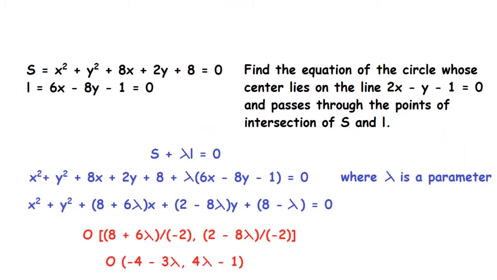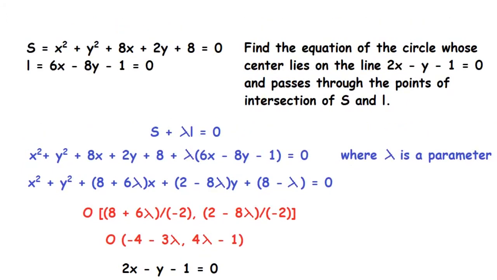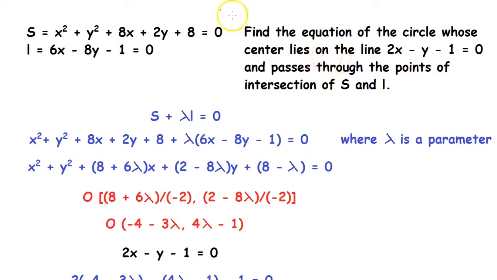To understand how to solve a question, let's take this example. Here we are given a circle S, x squared plus y squared plus 8x plus 2y plus 8 equals 0, and a straight line L, 6x minus 8y minus 1 equals 0.